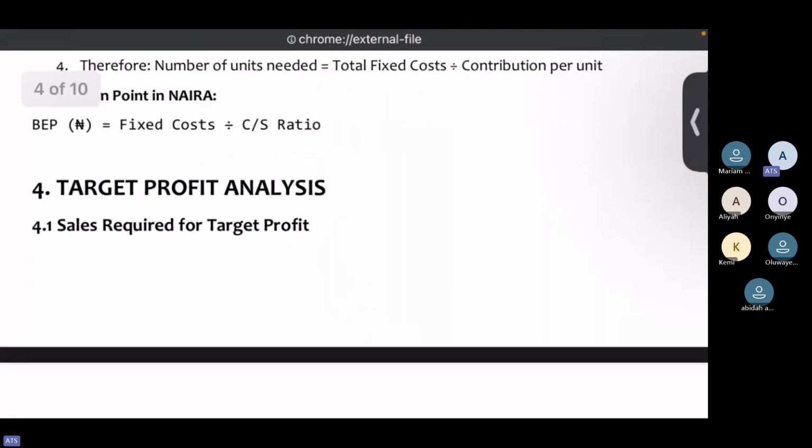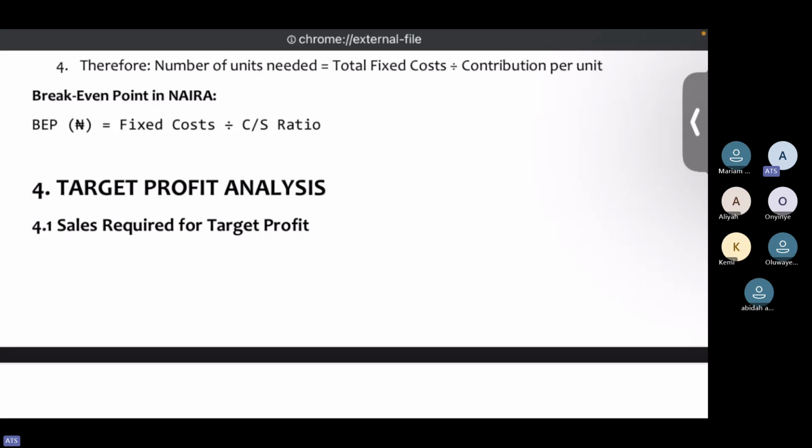Now target profit. When you're talking about break-even points, you're talking about where profit or loss is zero. But when you think of target profit, this is where you actually give a figure to profit.